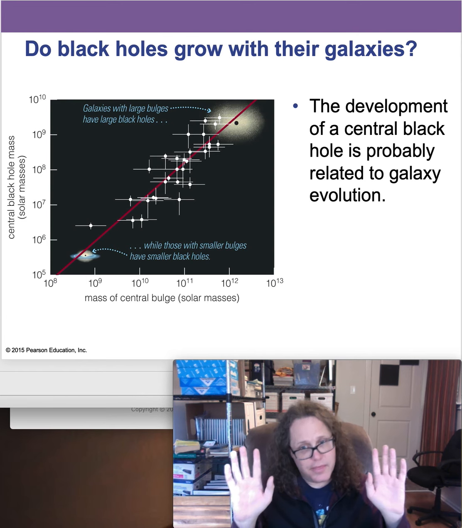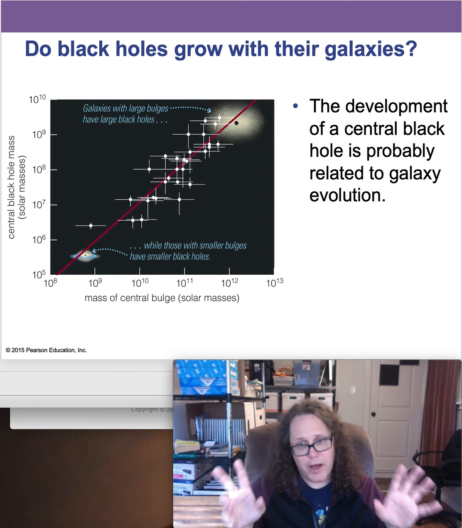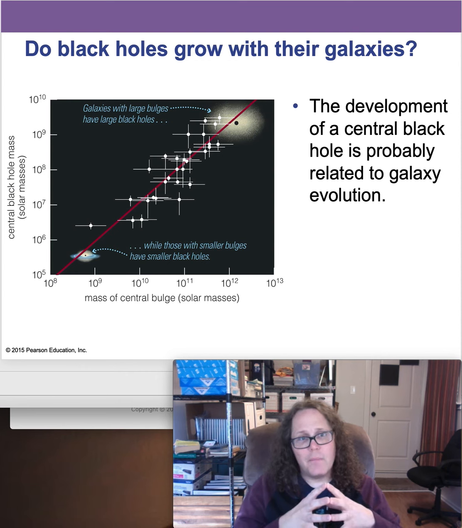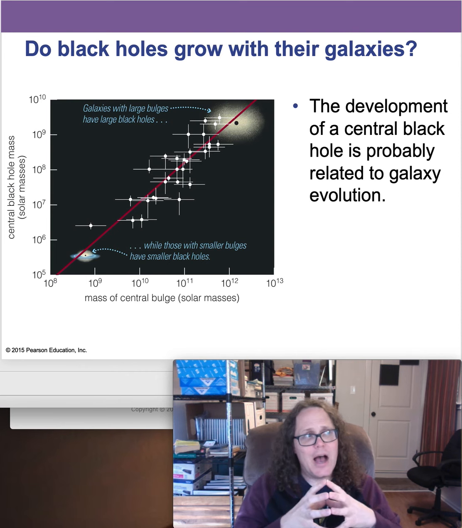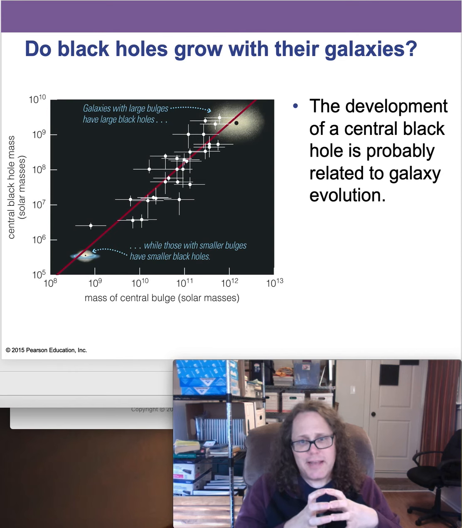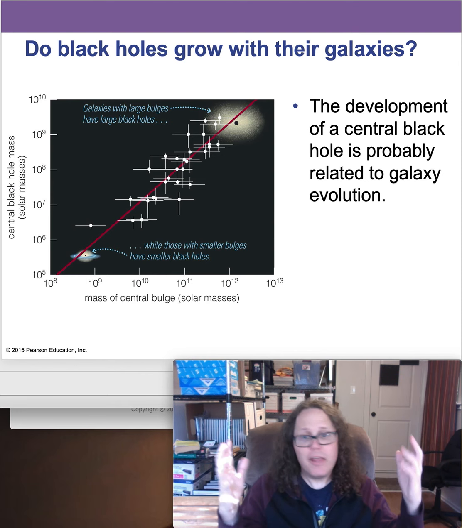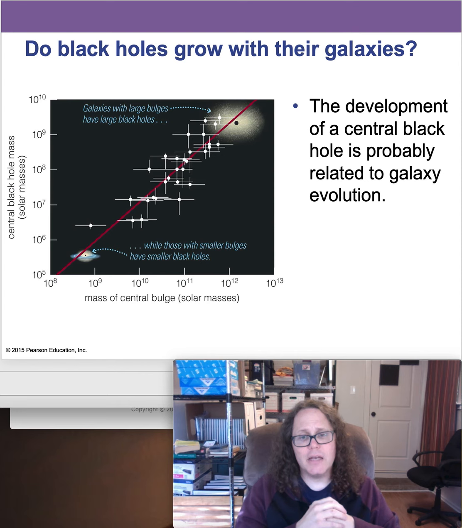However, there are alternate hypotheses to that. The idea that a black hole grows with the galaxy runs up against some issues in the data. And that is that when we look back to the very earliest galaxies, the galaxies in the very first stages of formation, some of them already have fully formed AGN, 1 billion or 10 billion times the mass of the sun.